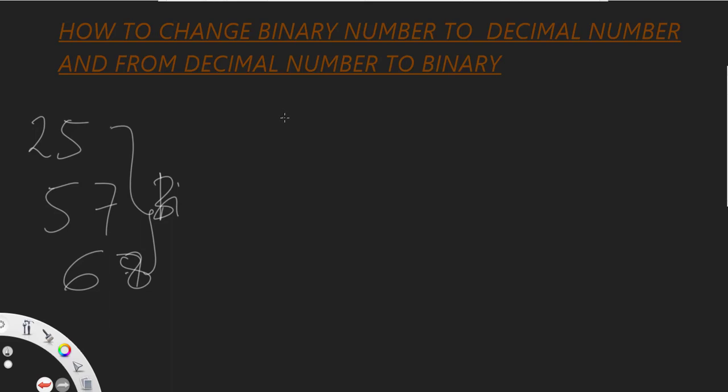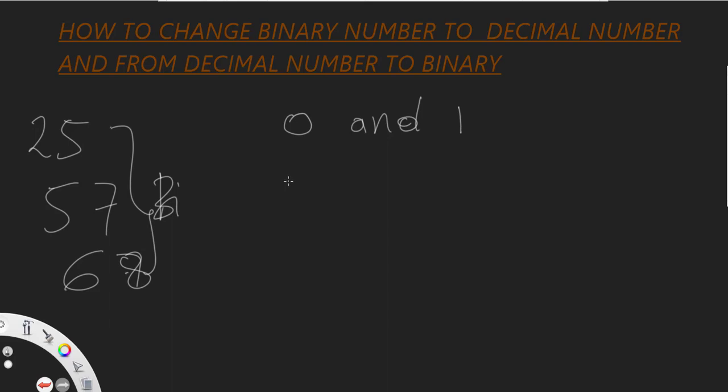The binary digits are only two, 0 and 1. Okay, these are binary numbers. We use binary numbers in networking, computer engineering, and electrical engineering.